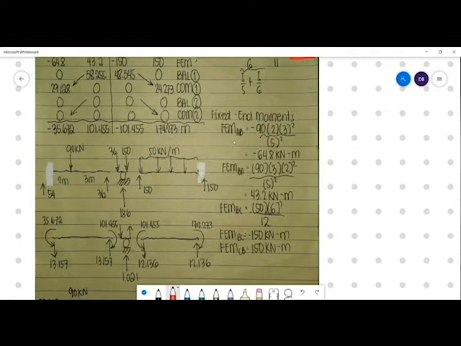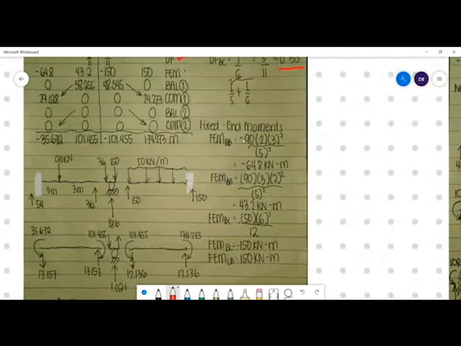We can solve for the fixed end moments using the formula that I provided, or you can try solving using integration, or use the previous methods we learned. FEM AB is equal to P, since we have a concentrated load on span AB.